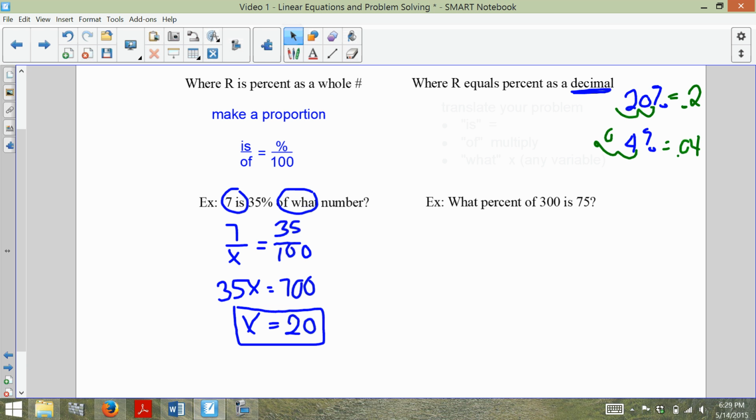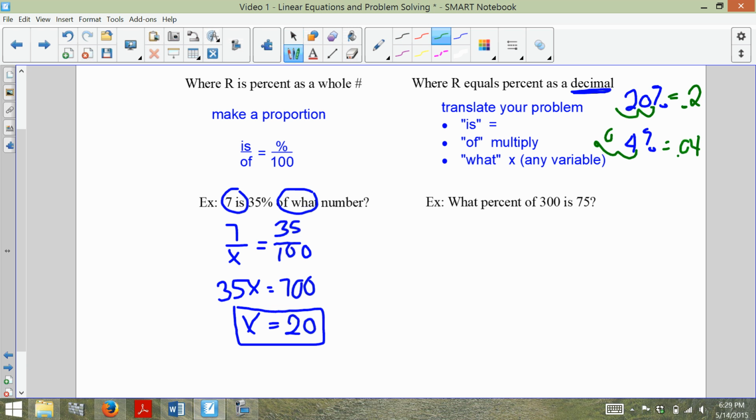I can also, instead of making a proportion, translate my problem into words. So the idea is that is always going to represent an equal sign. The word of is always going to represent multiplication. And the word what means that I don't know what the value is, so I want to use a variable. As an example of this, I can see this problem says what percent of 300 is 75.